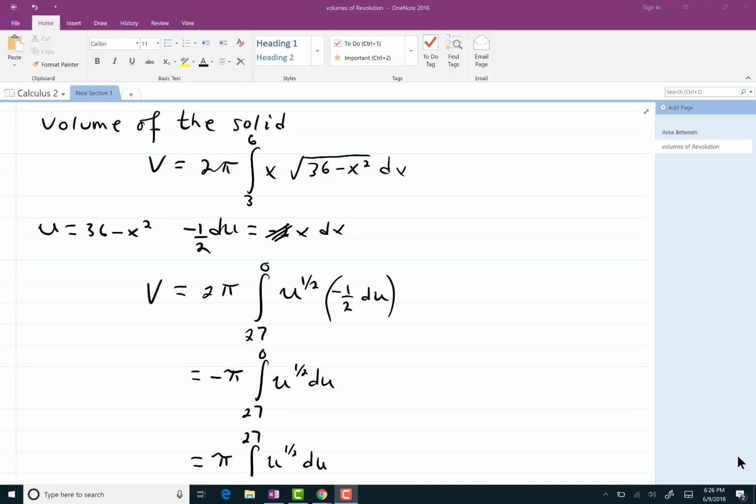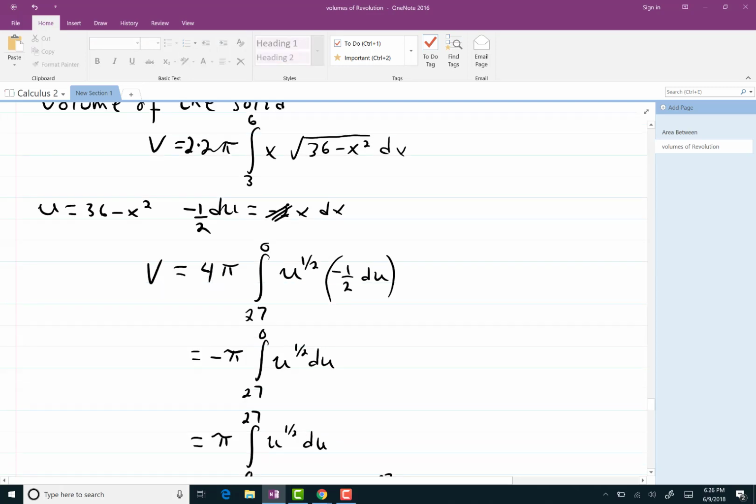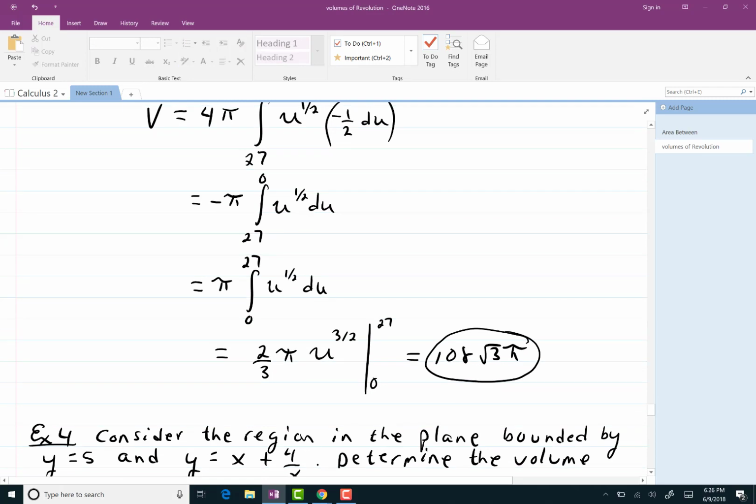All right, there was an error right here. I forgot to multiply this by 2. So throughout, change that to a 4. Then this becomes negative 1/2 pi. This becomes pi over 2.